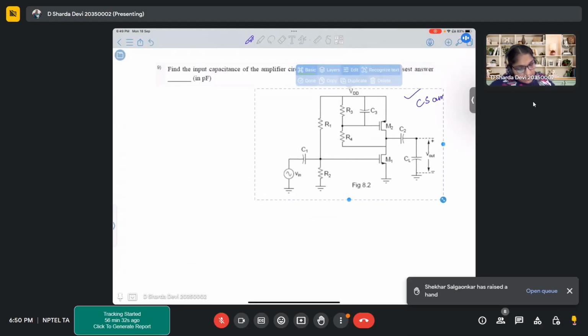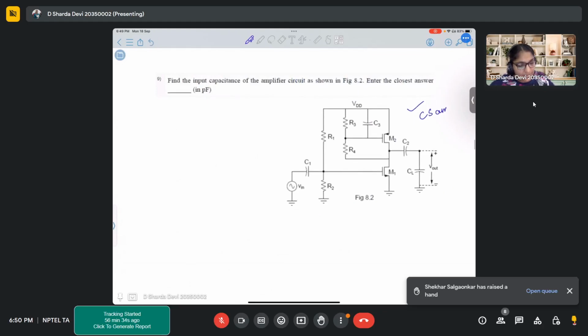So now, again for the same circuit, we have to find what is the input capacitance of the amplifier circuit. Where is the input? So this node is input. So for the input capacitance, capacitors are coming into picture, so that means an AC analysis.